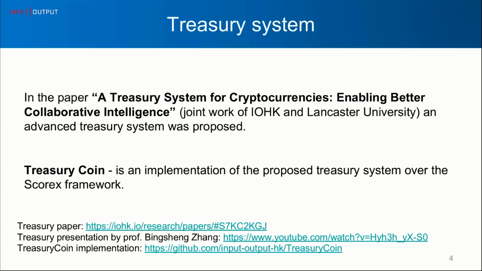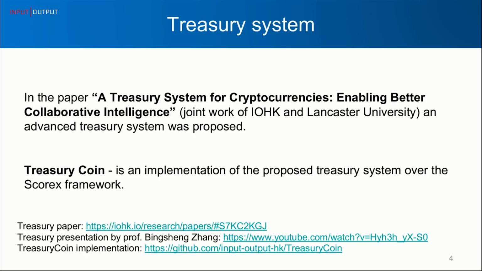With this in mind, a universal treasury model has been developed that can be adopted by any blockchain system. The developed treasury system is presented in the paper A Treasury System for Cryptocurrencies: Enabling Better Collaborative Intelligence. It's a joint work of IOHK and Lancaster University.